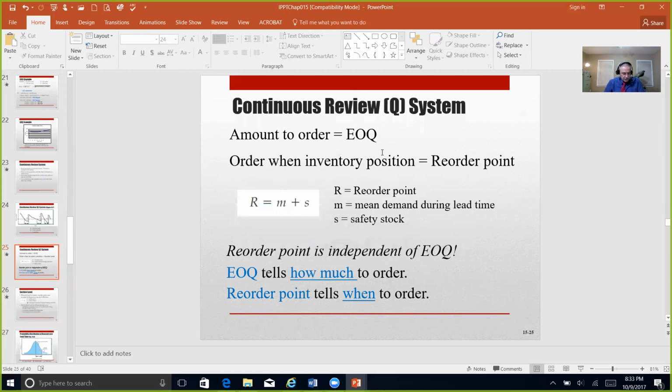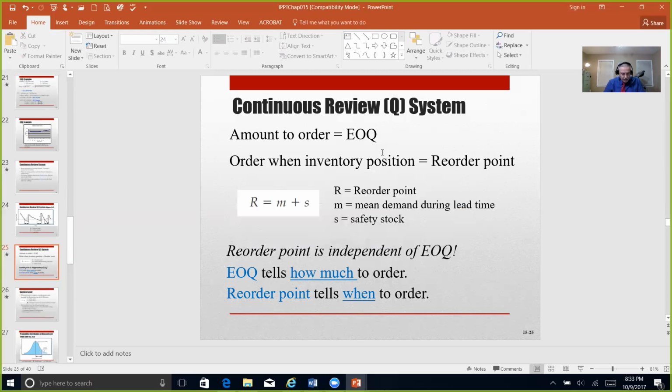The service level is also called the fill rate. So a 100% service level means that all customer demand is satisfied from inventory, but we're going to see an example here shortly that that's probably just about impossible to achieve.